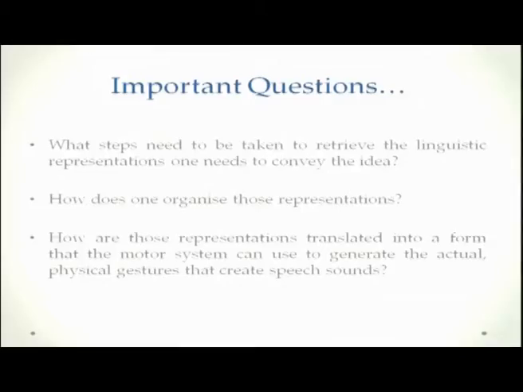Once you have these two things, you have to also convert this into a form that the motor system can use. Speech is a motor act. Speech is basically done by your vocal cords, by your lips, by your teeth and by your tongue. From that idea, you're standing on a terrace looking down on the mountains, the snow is falling and the clouds are below you, from there to how do you start moving these muscles?